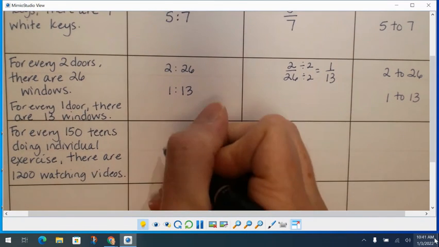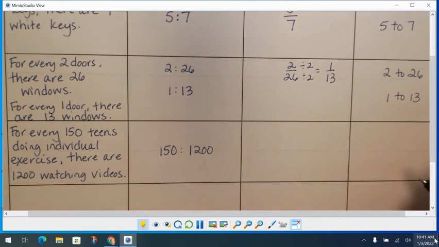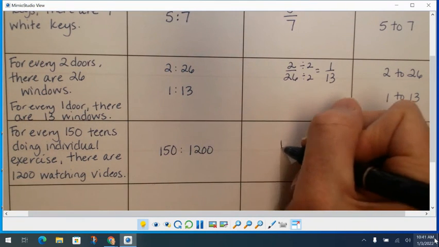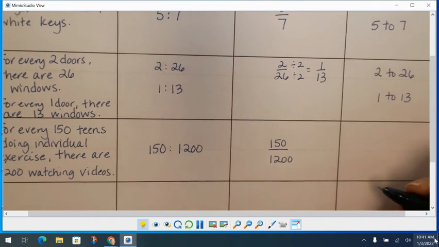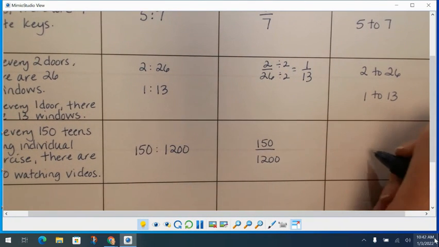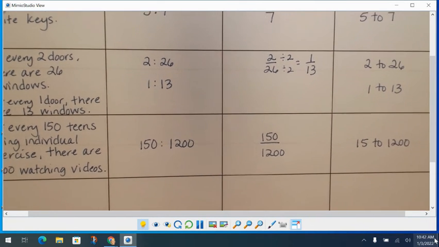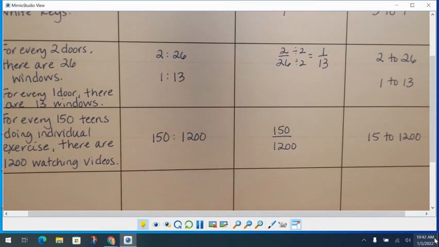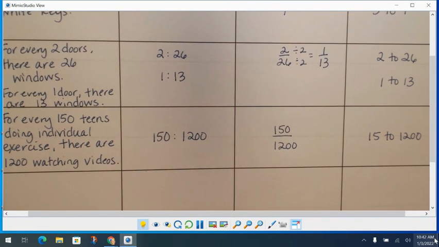And then again, I can write my ratios just as I did before. And so that is how you write ratios.